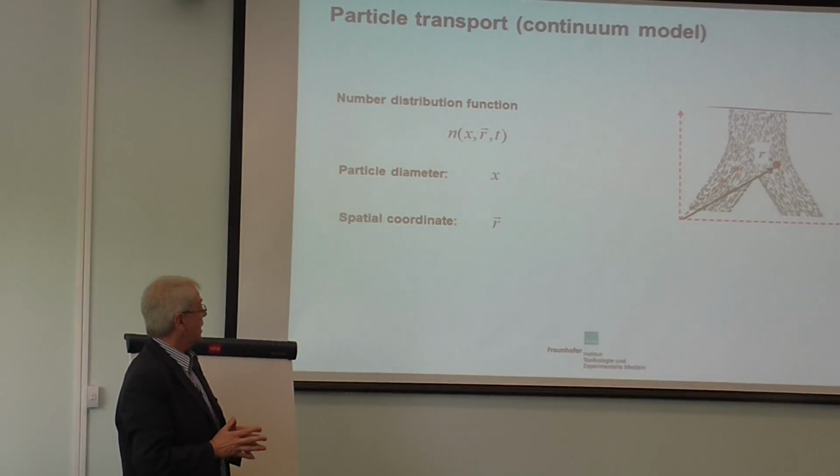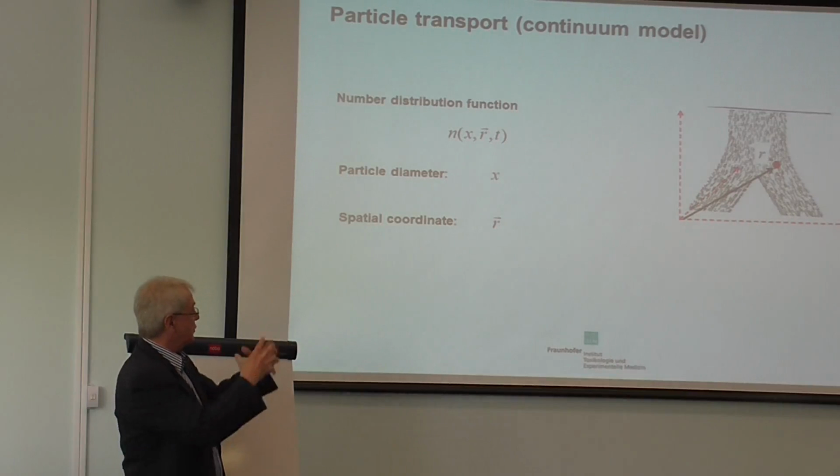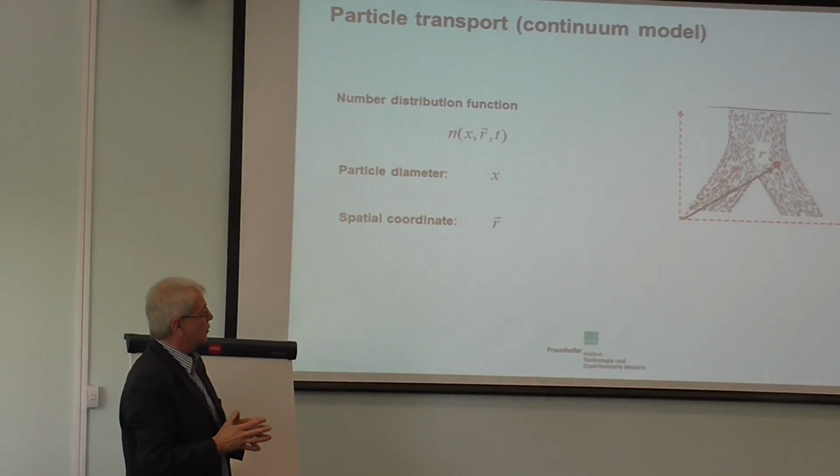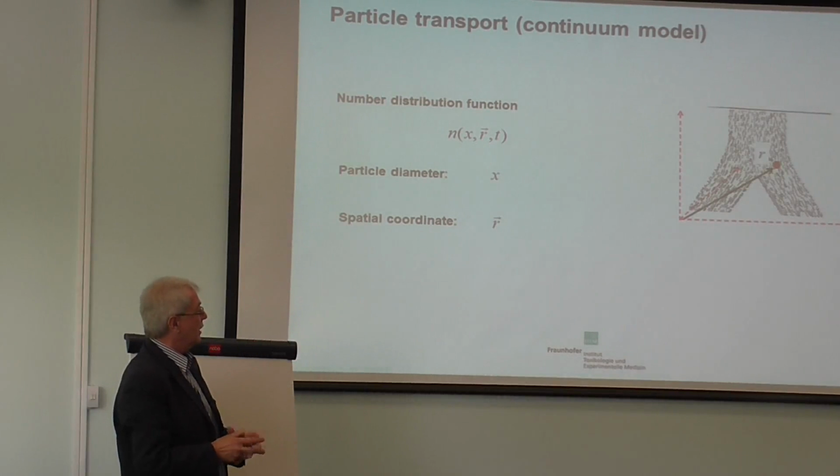You have the particle diameter, which is expressed by the symbol x, and you have a spatial coordinate describing the position of the particle in your lung segment. What you see here is a bifurcation, and the lines there are fluid lines or streamlines of the flow going through this bifurcation. And the question is, do the particles here in red deposit or do they not deposit, and what are the parameters that determine the deposition?